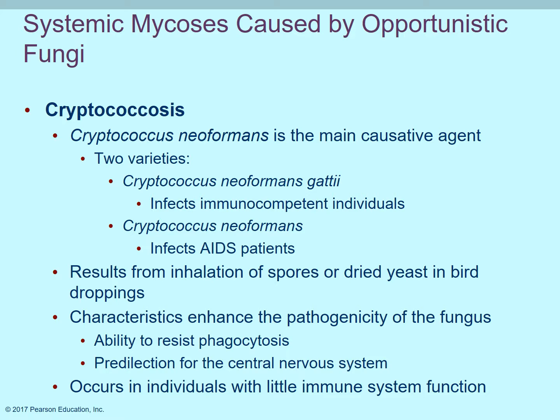Oftentimes, this is associated with the fungus infecting birds, and the spores are in the bird droppings. So for this reason, it's usually recommended that if you are, for whatever reason, cleaning an area that has a lot of bird droppings or cleaning out bird cages, possibly wear a mask to help prevent the inhalation of those spores.